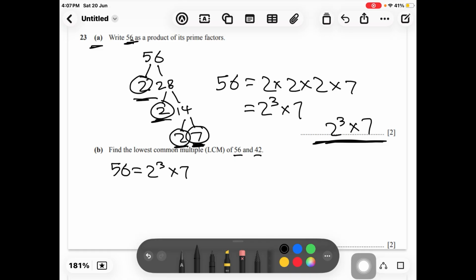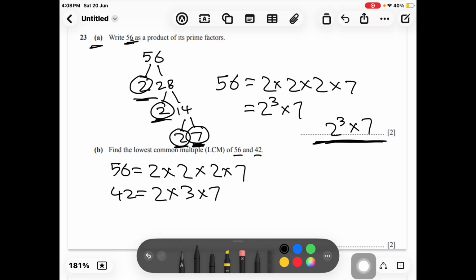And now we need to write 42 as a product of its prime factors. Obviously you can use the tree method, but I'm just going to write it here. It's 2 times 3 times 7. You can work that out in your book. Let me write 56 in full form to make it easier: 2 times 2 times 2 times 7.